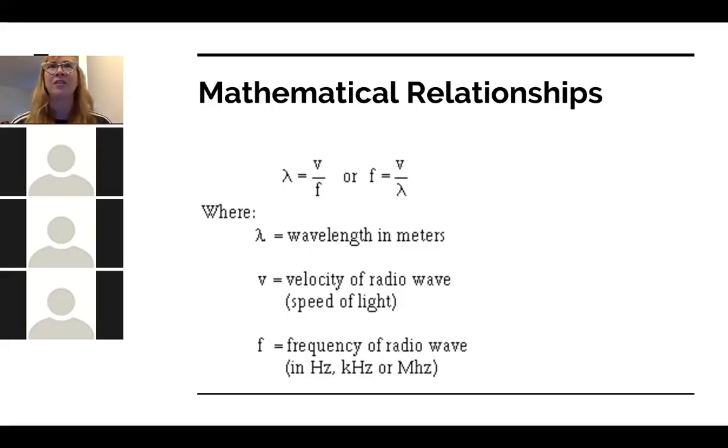Some physics math gets crazy complicated, but this is a really simple formula where we end up getting that the wavelength is equal to the speed or the velocity divided by the frequency, right? So from this formula, we can tell that there is a relationship between the speed of the wave, the wavelength, and the frequency.